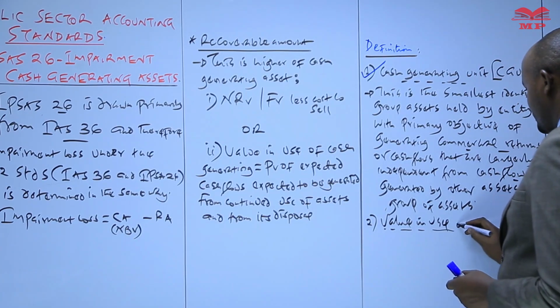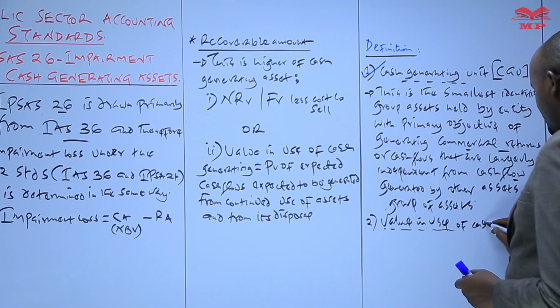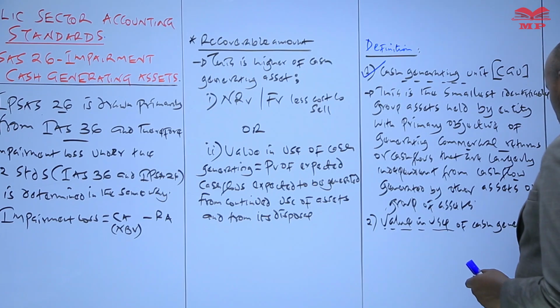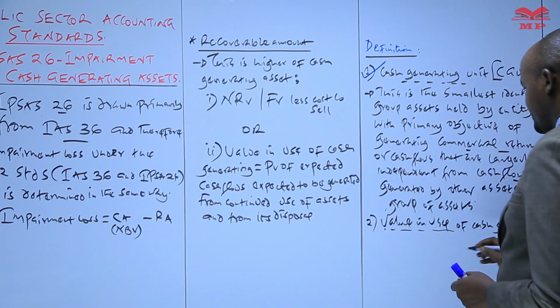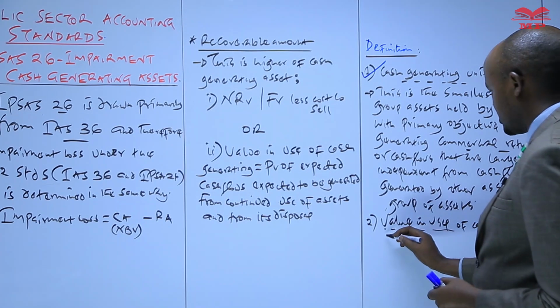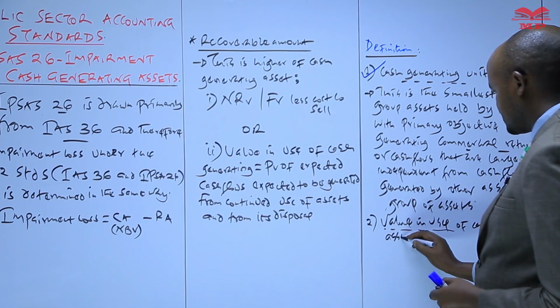So we define the value in use of a cash generating asset.